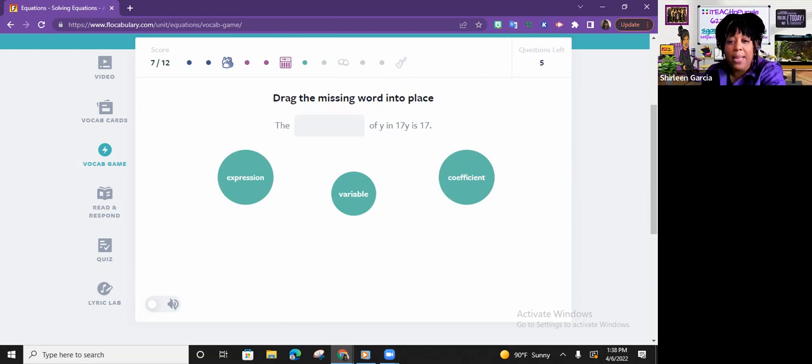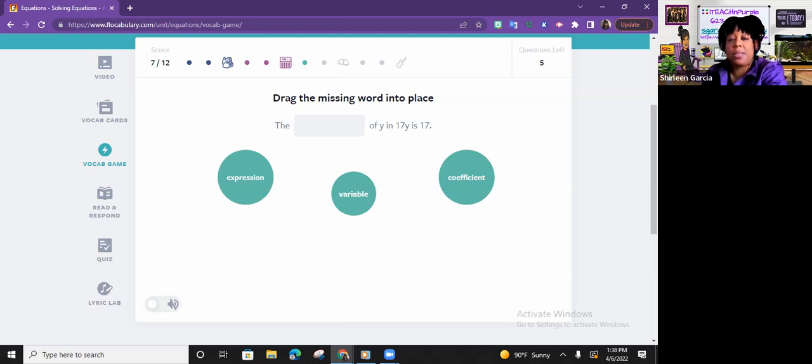Awesome, awesome. The coefficient of y is 17y. The 17 is what? The expression, the variable, or coefficient? What is the 17 in the term 17y? 17y is a term, not really an expression, because it's not, well, it is because it's multiplied.